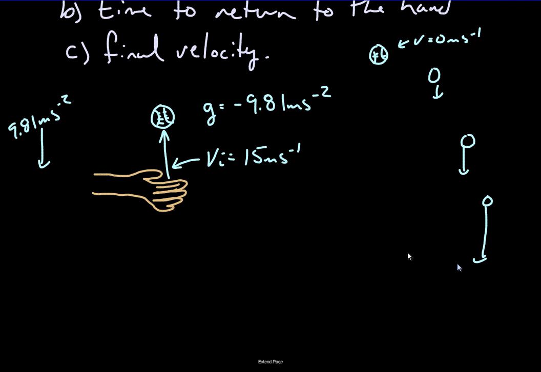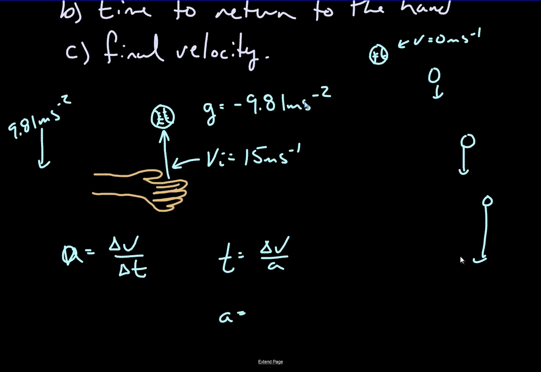So first things first, can we figure out the time to the max height? The way I would do this is I would take your acceleration velocity time formula, which looked like this, and I would simply rearrange it, where we would now say that time equals change in velocity over acceleration.